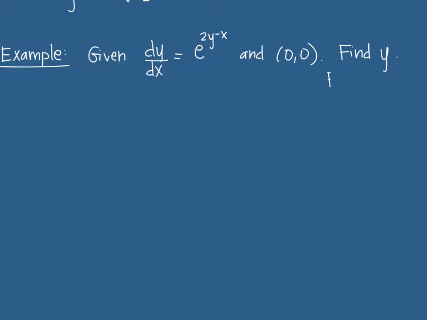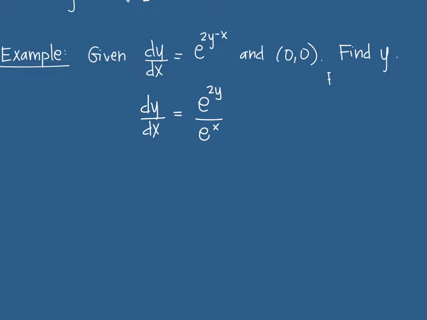You'll have to remember a little bit about your algebra rules, that when you subtract powers like that, when you have e to the 2y minus x, it's better to rewrite that as e to the 2y over e to the x. That subtraction of powers means it came from a fraction.